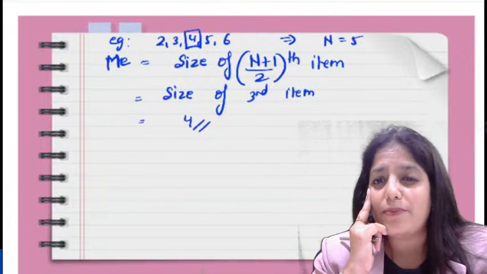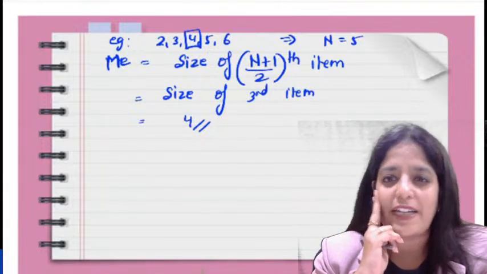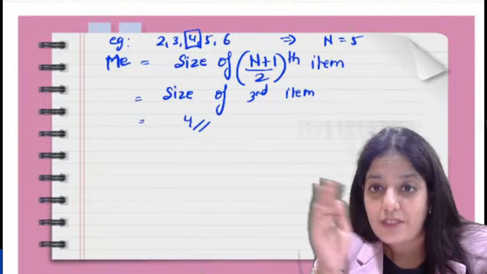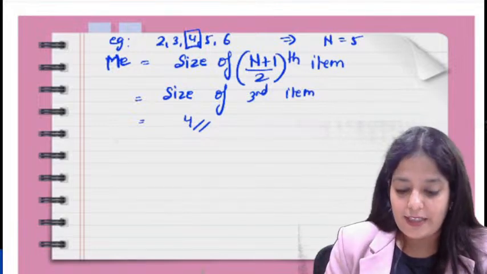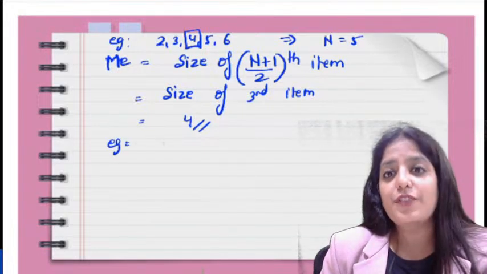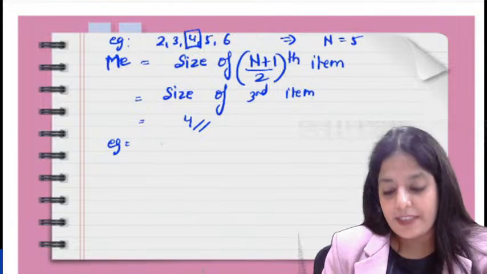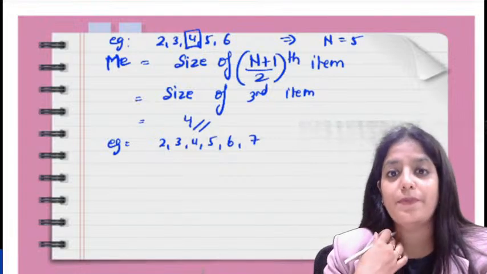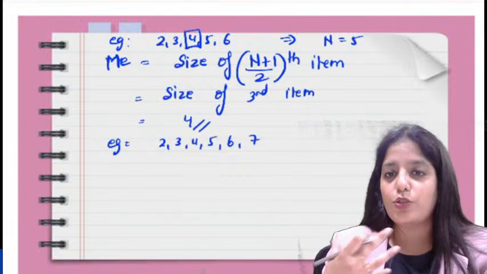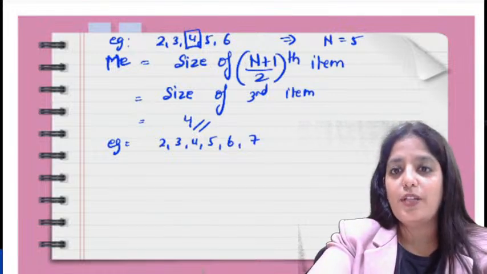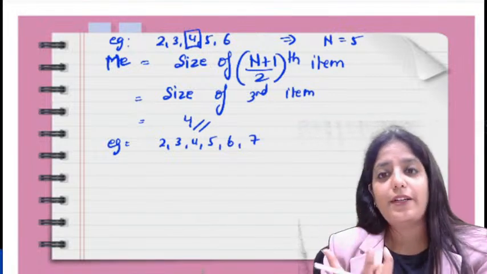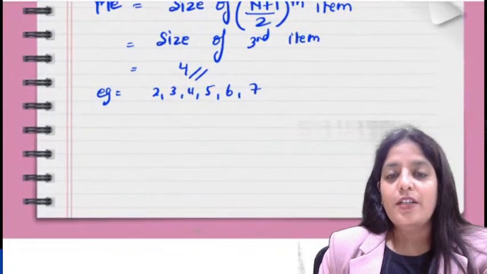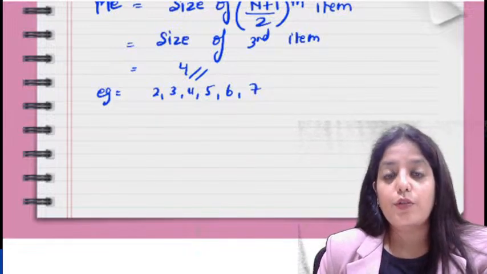Now you will be thinking, ma'am, this is an odd number of observations, and it's pretty easy to find the middlemost observation. What if we have an even number of observations? Let's take that example also. Suppose we have the data given as 2, 3, 4, 5, 6, 7. If I don't want to use the formula and just want to tell the median by logical approach, who is actually sitting in the middle? 4 and 5.